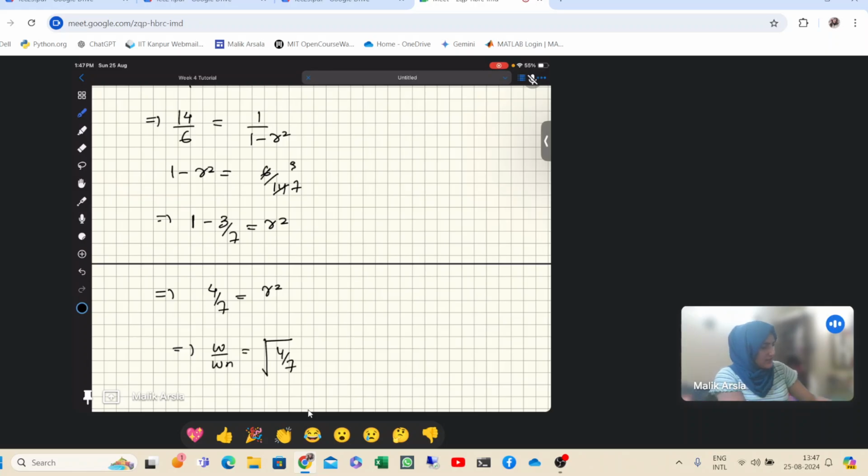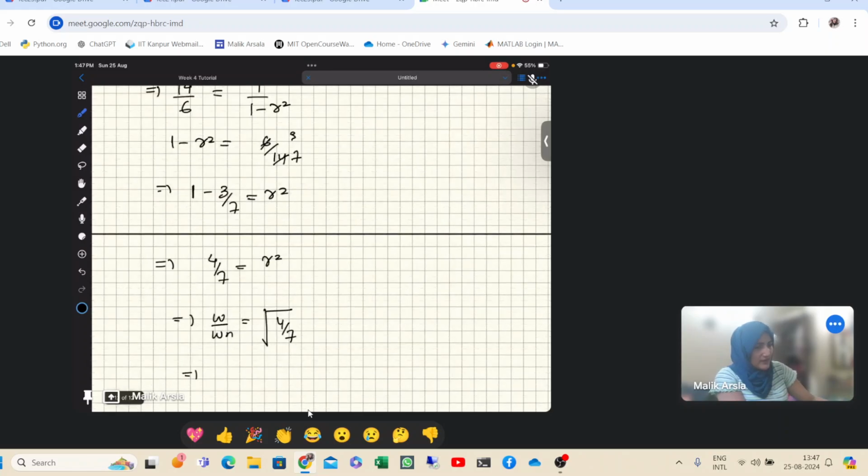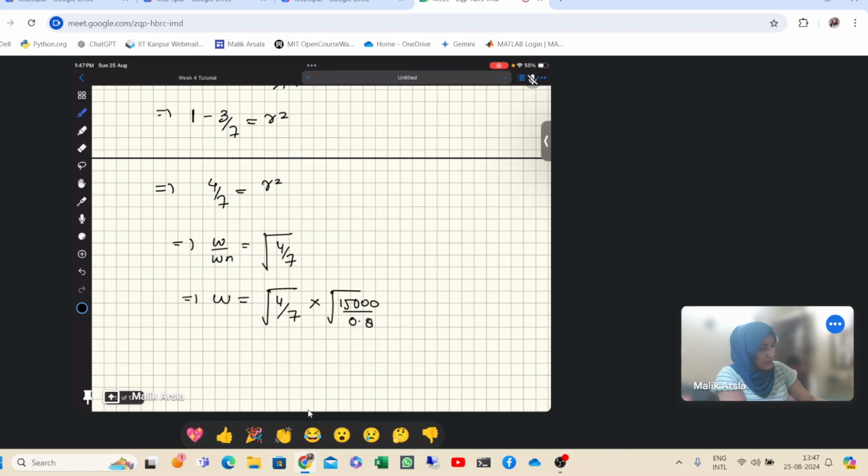Omega n has already been given, so omega is equal to under root of 4 by 7 into under root of 15,000 divided by 0.8. Now this expression, when you calculate it, is coming out to be 103.48.